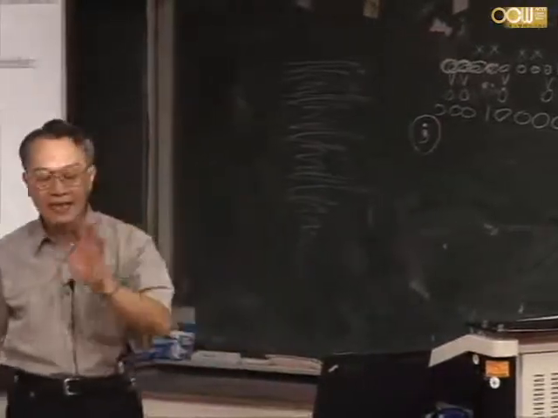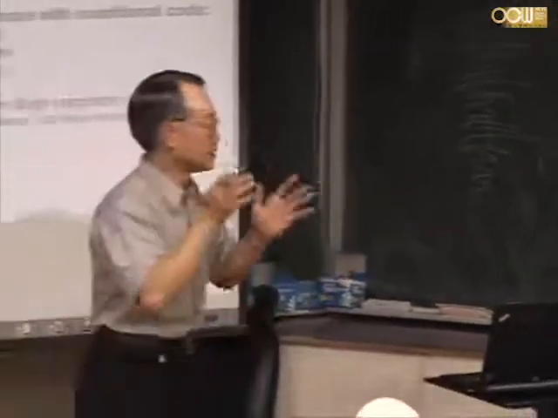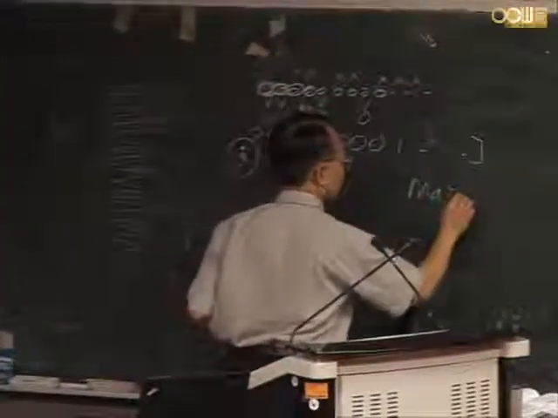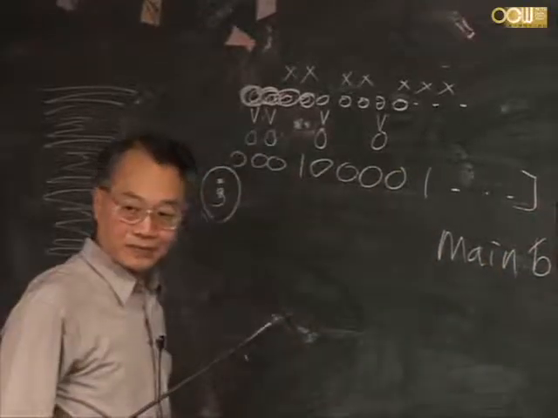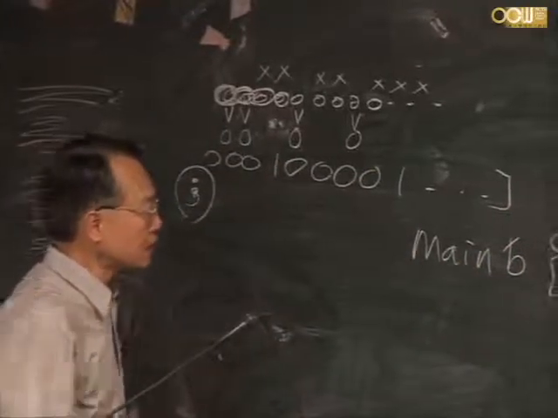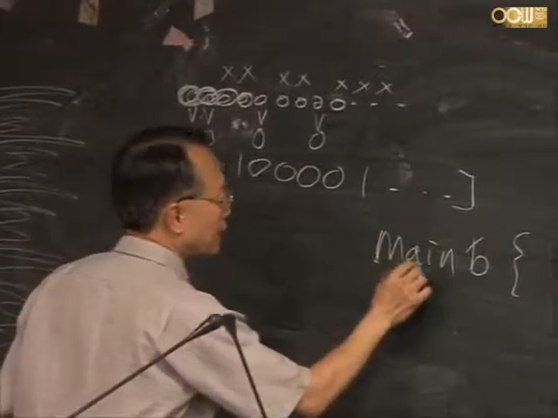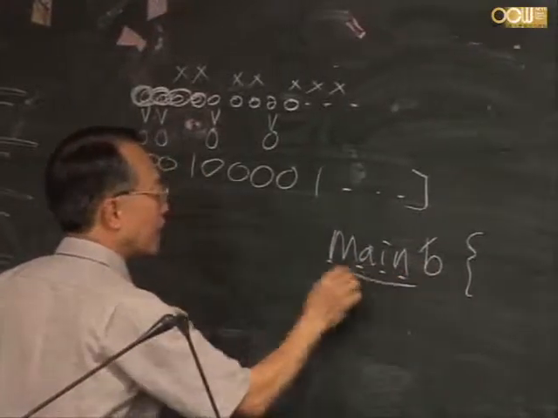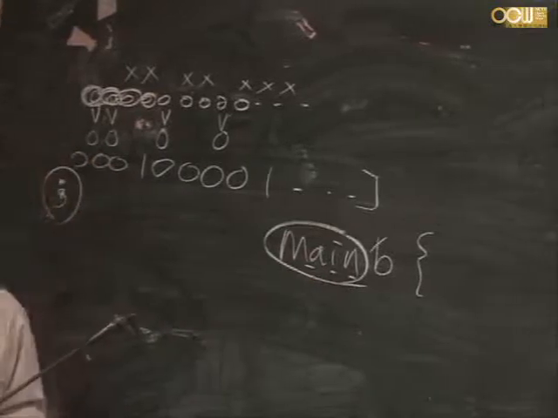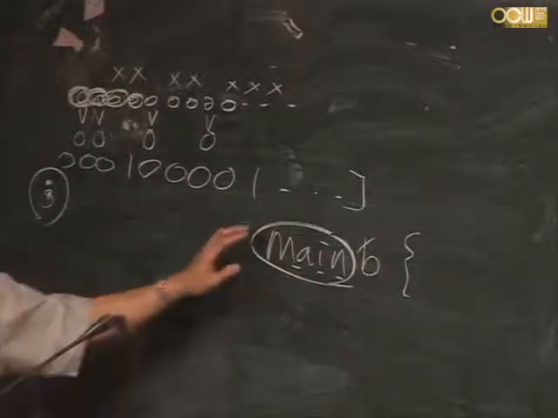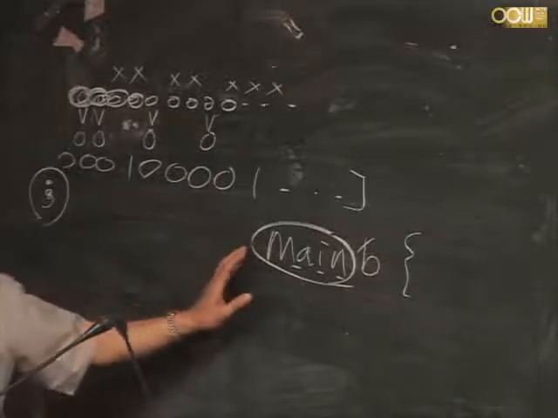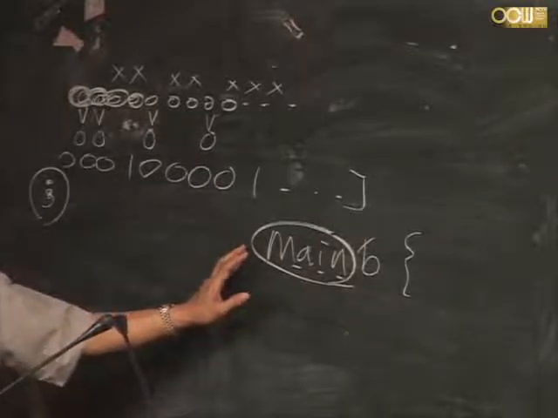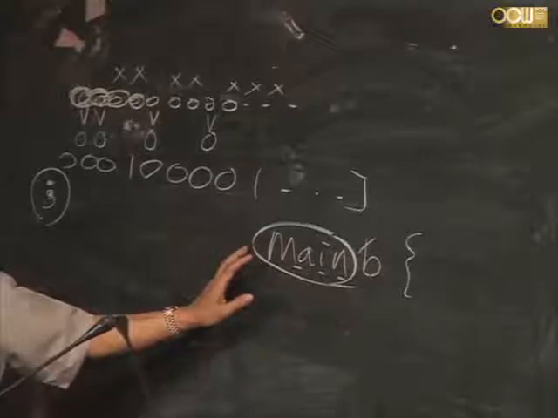So after the scanning, it begins to parse. Parse what? M, A, I, N, space, bracket. Whenever I see M, A, I, N, space, I know this is a token. And then I check this against my symbol table and find out this is a reserved word. It should have a special meaning.